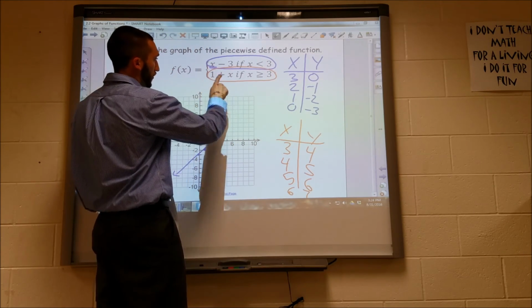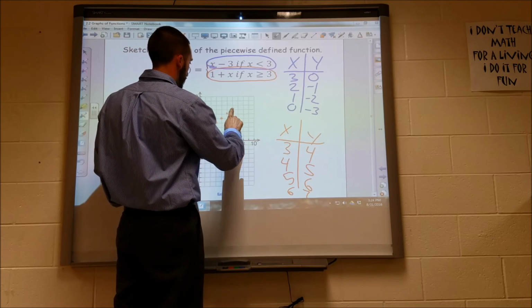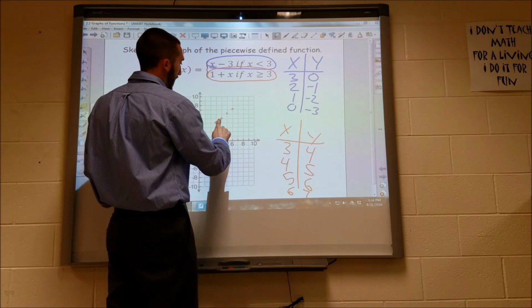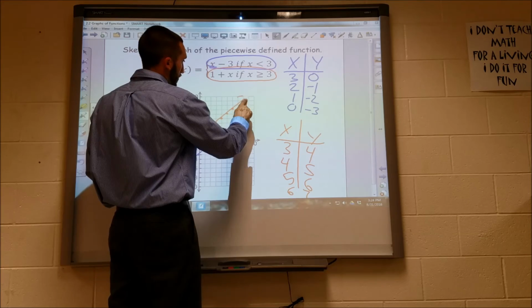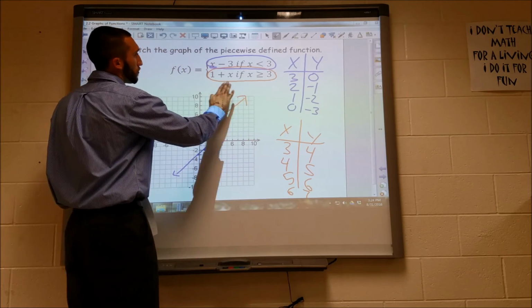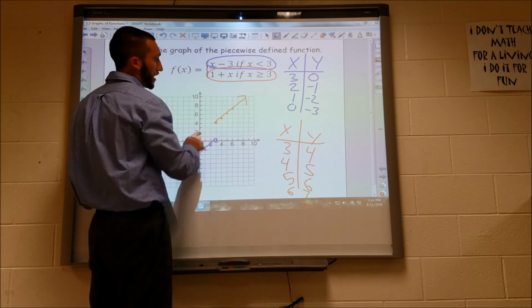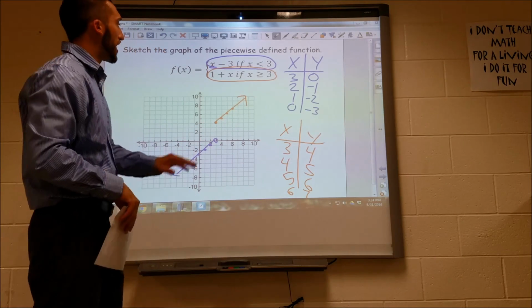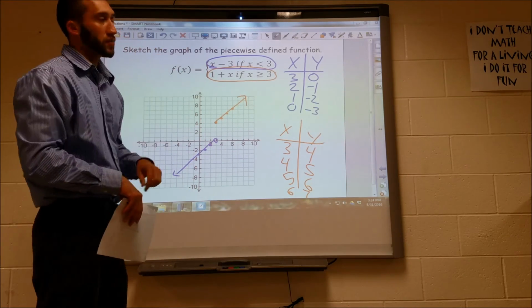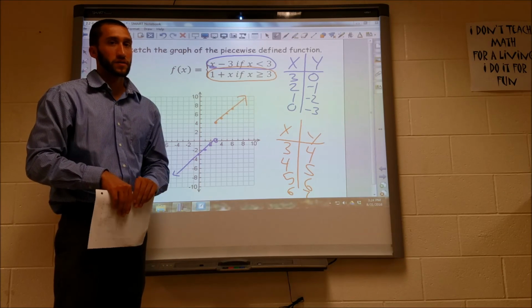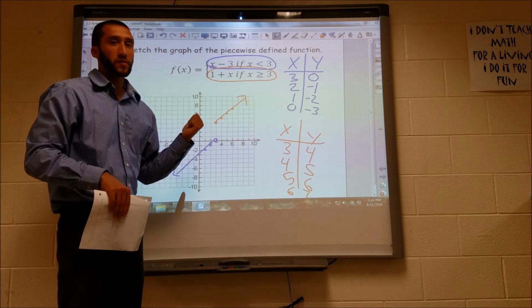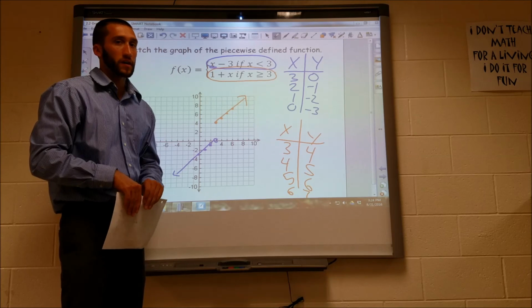Right? 1 plus 6 gives me 7. So the bottom part of my piecewise function gives me this line here. So now we've sketched this piecewise defined function. Go ahead and try the examples that accompany this in the PowerPoint. We'll talk about it in class.